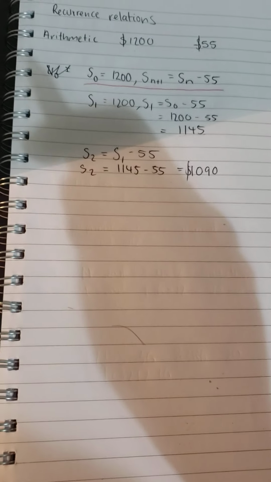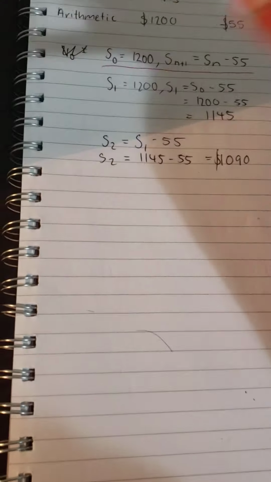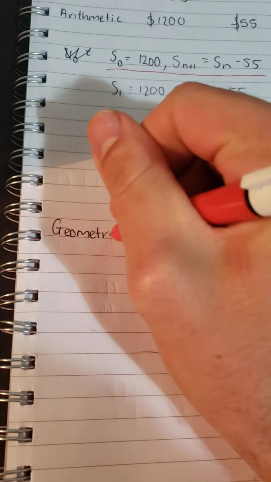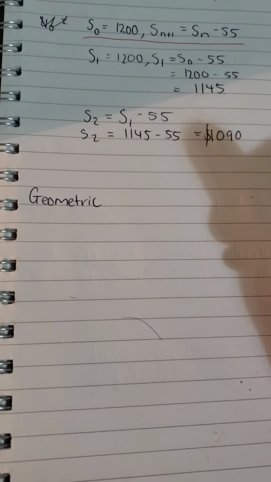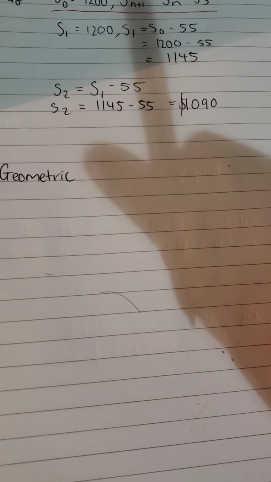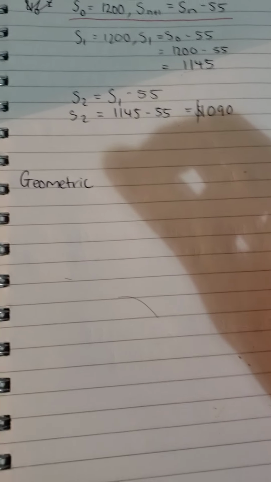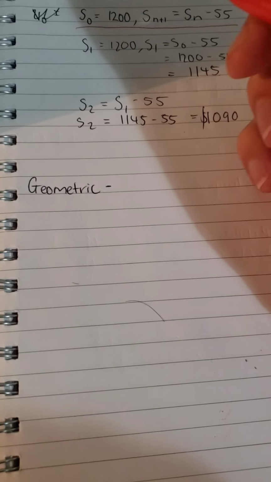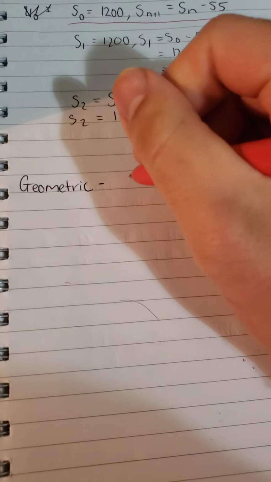Now I want to do a geometric example. I'll do something that's going up in value. Something that goes up in value is a house.